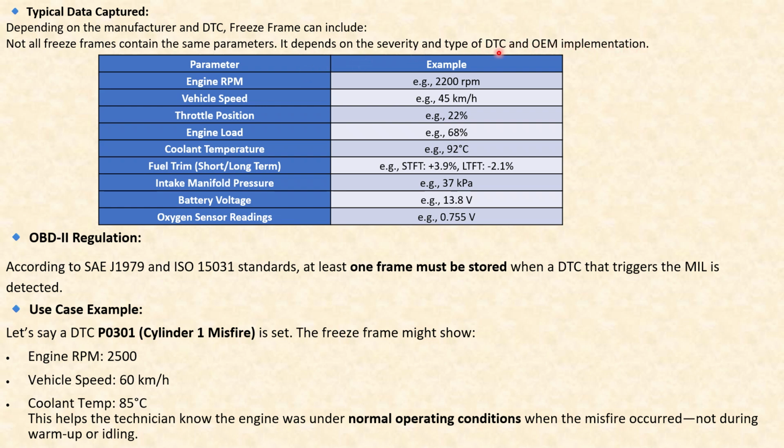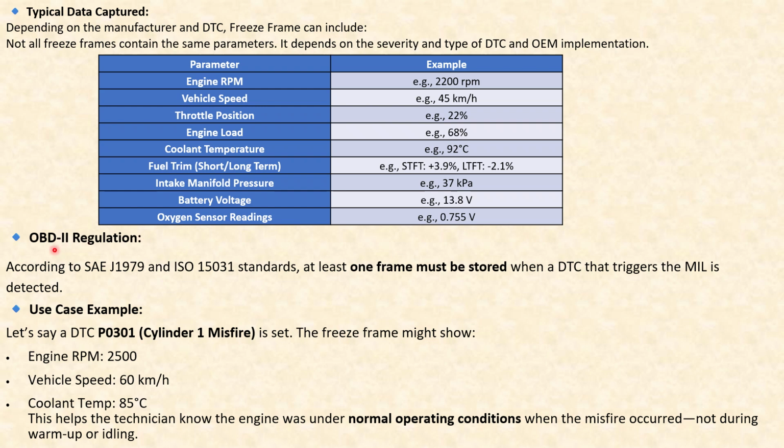So there are some variable factors like the OEM implementation also, but major parameters are engine RPM, vehicle speed, throttle position, engine load, coolant temperature, fuel trim, intake manifold pressure, battery voltage, oxygen sensor readings. So these things will give the technician a clear-cut idea what exactly led to the DTC.